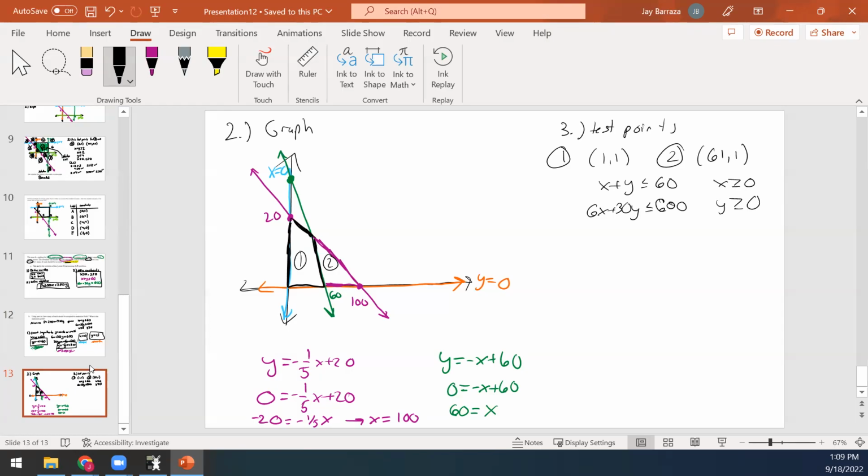So we're just figuring out the test solution set region. So 1 plus 1 is less than 60, so 2 is less than 60. Check. 6 plus 30 is less than 600, so 36 is less than 600. Check. 1's bigger than 0. Check. 1's bigger than 0. Check. So this is my solution region.